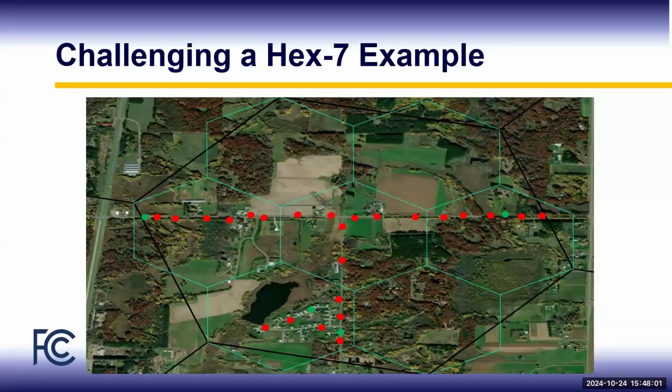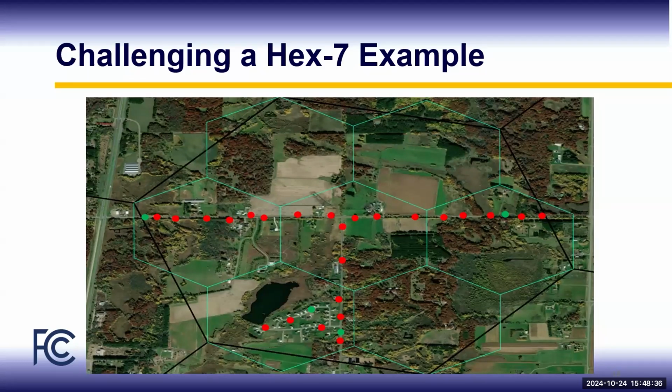To show how this might work, let's think back to our example of running repeated tests, hands-free using the FCC mobile speed test app, while commuting or running errands in town. The image shows a hex 7 with its 7 child hex 8s and dots along the road indicating test locations. In 4 of the child hex 8s, you will notice green dots indicating the test results that met the required speed for the technology reported, and the red dots indicating tests where the speeds were too low.